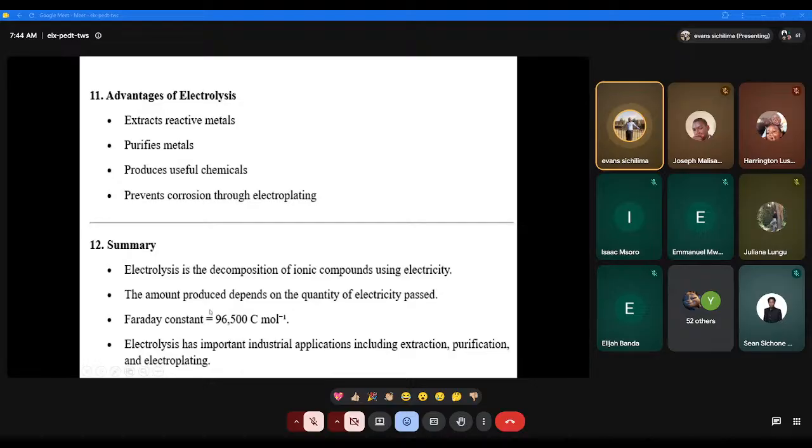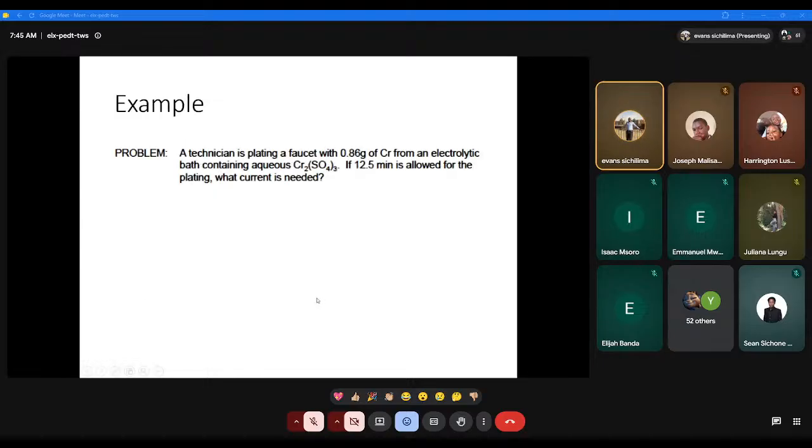It's a constant that is very important and widely applicable in our electrolysis journey. Also, electrolysis has important industrial applications, including extraction of metals, purification, and electroplating, among the production of other useful industrial chemicals.